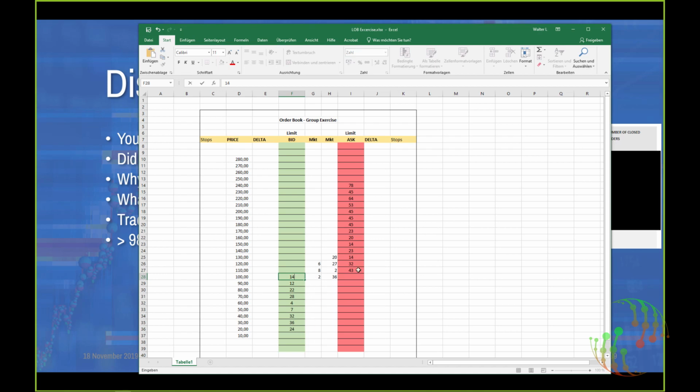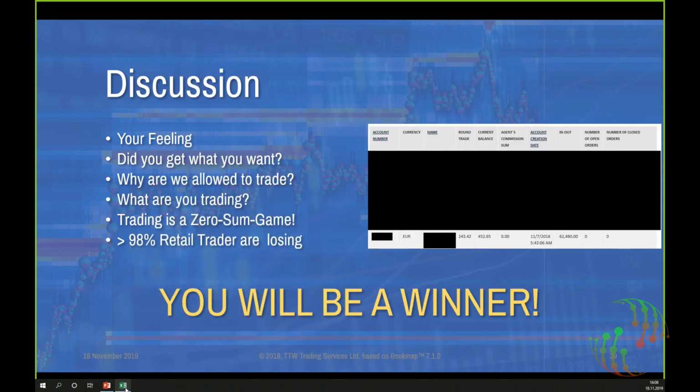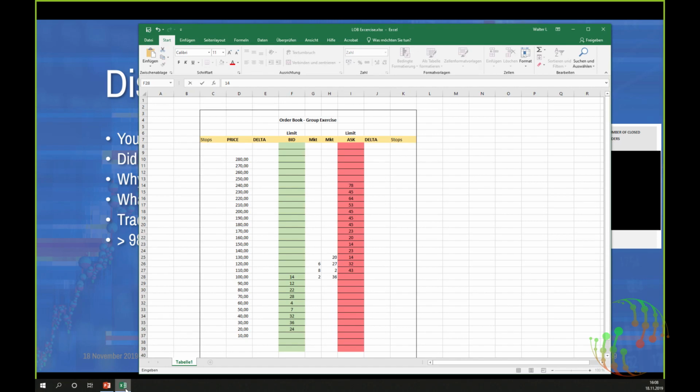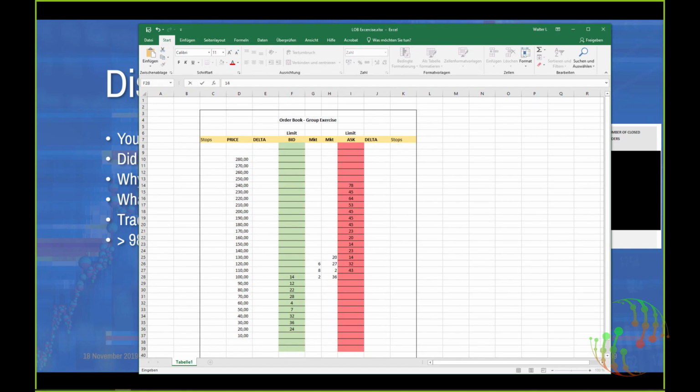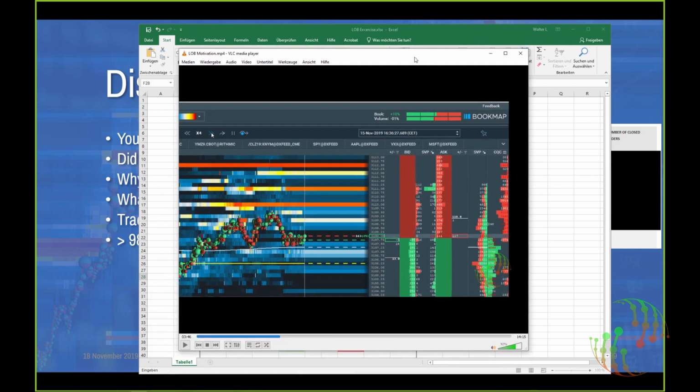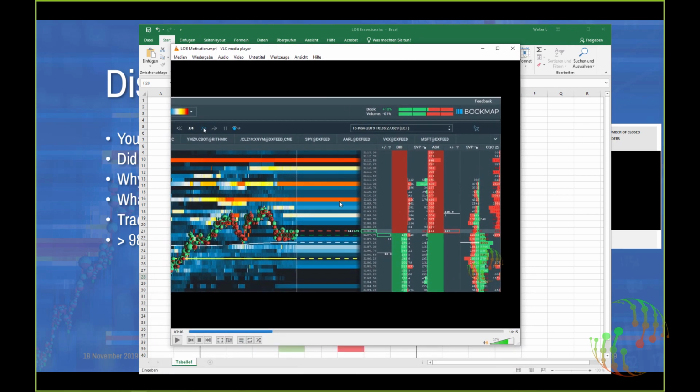The uncertainty comes, and I'm stressing it again, when you don't see what is really happening, because you are only concentrating maybe on a candle chart, or on another chart, on footprint, or even on the book map here.